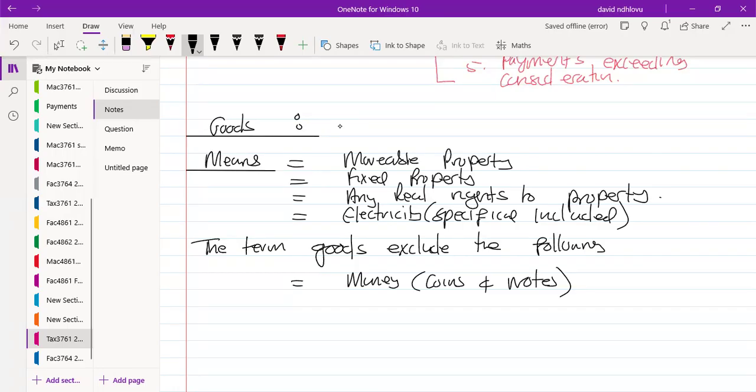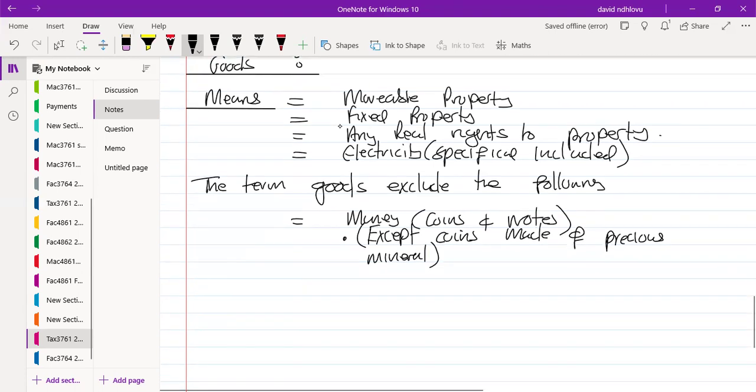However, we must be very clear on this one, except coins made of precious minerals. If you have rand coins, your normal rand coins, that's not a good.